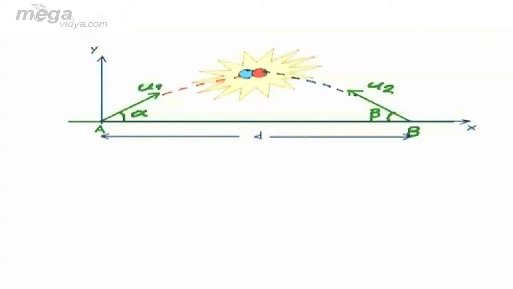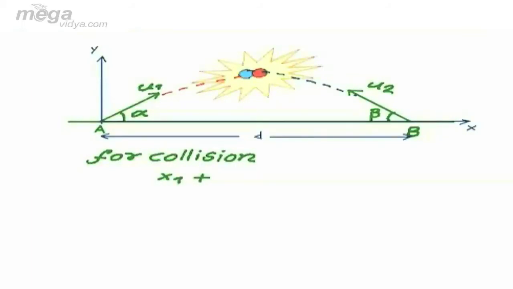Now we can easily say that for collision, the relative displacement of both projectiles must be equal to d.